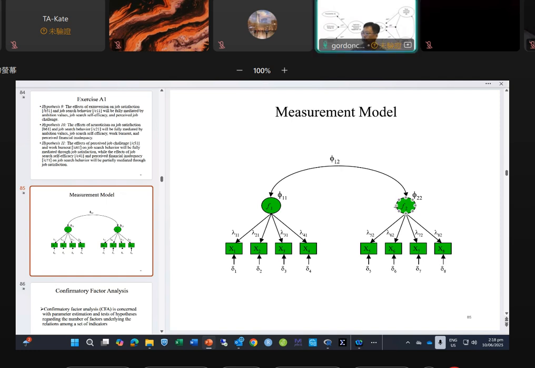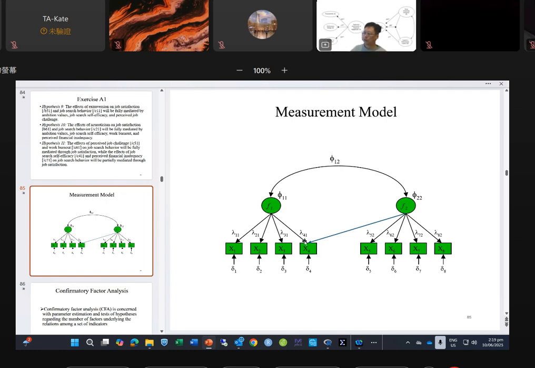For example, they add this. Because the model cannot get good fit, they include another factor loading.